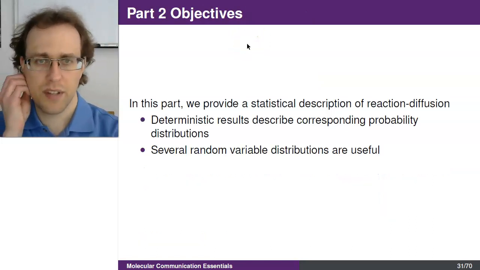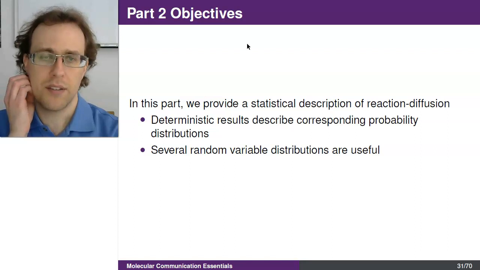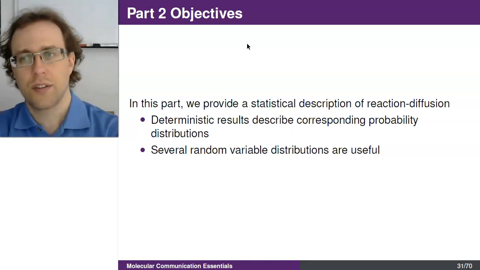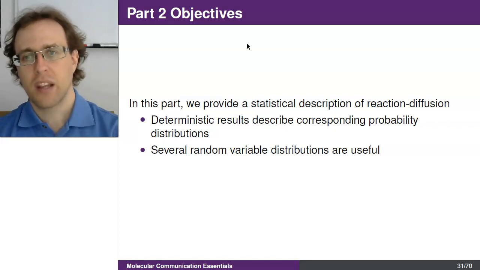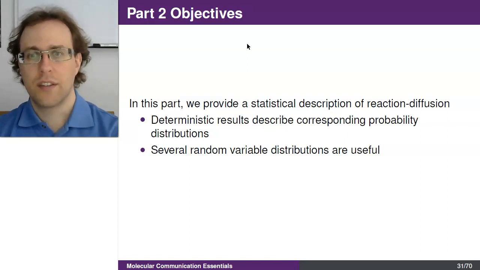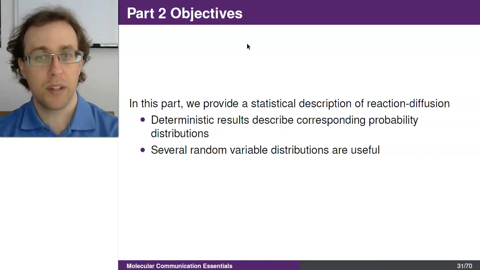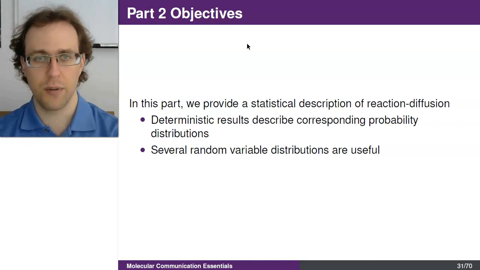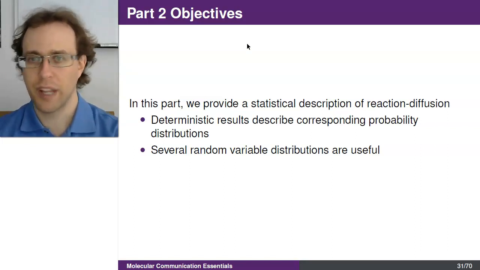So the objective in this part of the talk is to work towards a statistical description of reaction diffusion. We're going to see that the deterministic results from part 1 describe the corresponding probability distributions. That is still quite handy. I will also be describing several random variable distributions that are most relevant for looking at the statistics of a molecular communication system.